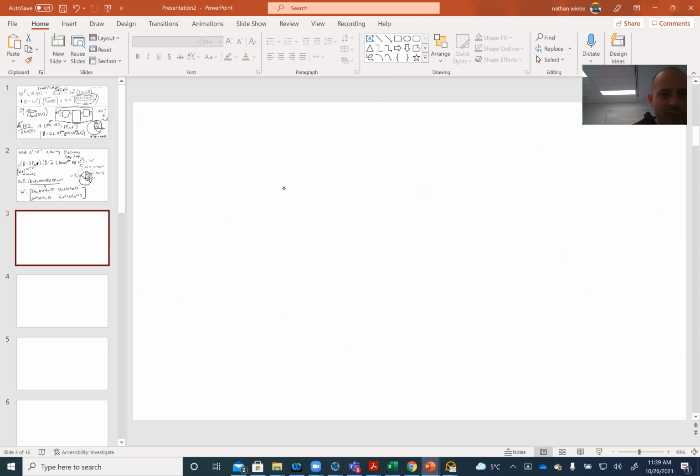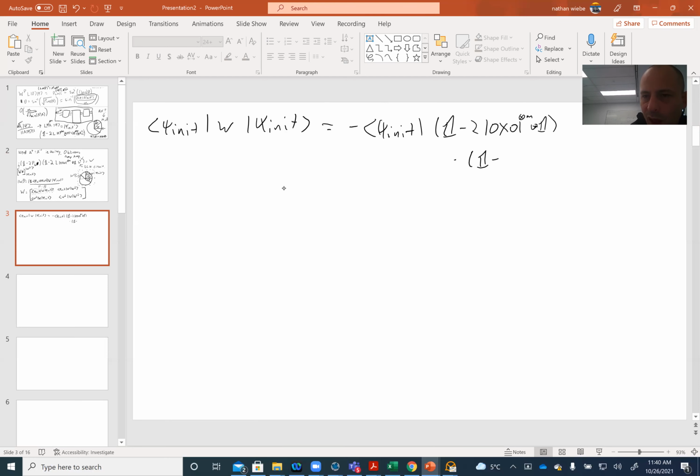So that matrix element, psi init acting on W, psi init, is of course equal to negative psi init, identity minus twice the projector onto good, which is 0 in our case, tensor the identity on the psi state, and then we multiply that by identity minus twice L, 0, 0, tensor M, tensor identity, L dagger, psi init.